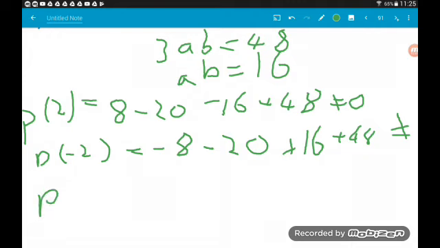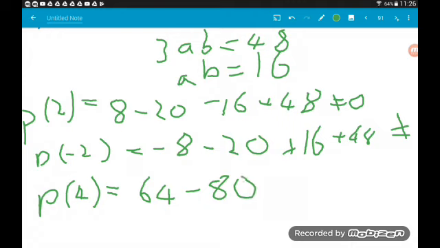So p of 4. Well, that's going to be 4 cubed, which is 64, minus 5 lots of 4 squared. Now 4 squared is 16, 5 times 16 is 80, so we got 64 minus 80, and then we've got minus 8 times 4, which is minus 32, and then plus 48 on the end.